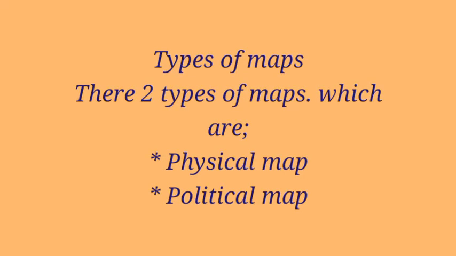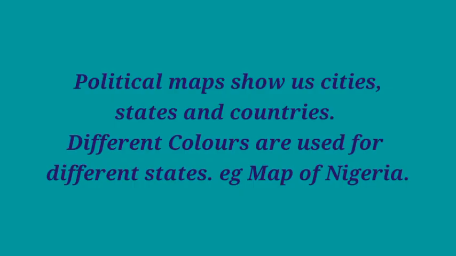Now we also need to note the types of maps. There are two types of maps, which are the physical map and the political map. Now, what is the political map? The political map is a map which shows all cities, states, and countries. So it has in it different cities, states, and countries, and different colors are used for different states.